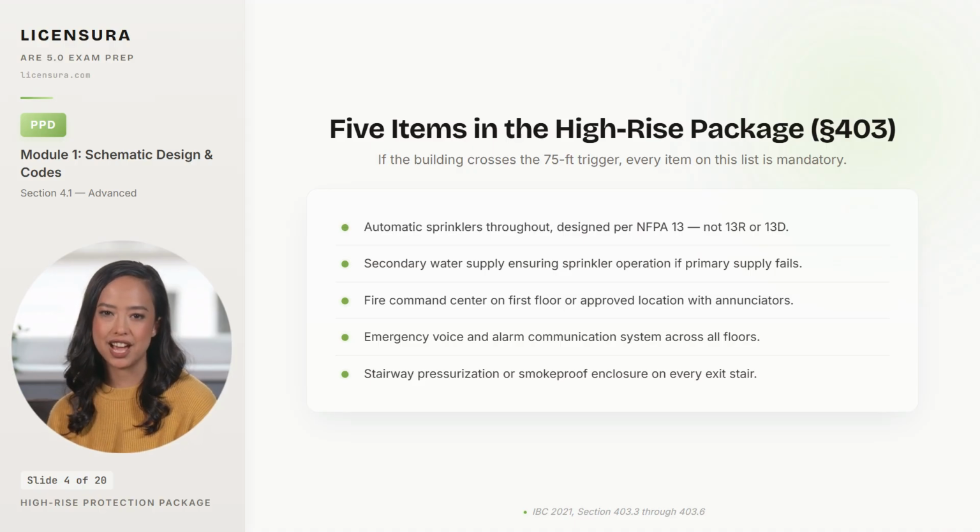And fifth, stairway pressurization or smoke-proof enclosure on every exit stair, positive pressure or a vestibule design that keeps smoke out of the egress route. Skip any one of these on a high-rise permit set, and the building official will reject the package, and you'll lose the schedule. Walk away with these 5 takeaways, and the special occupancy chapters become navigable on any complex project.